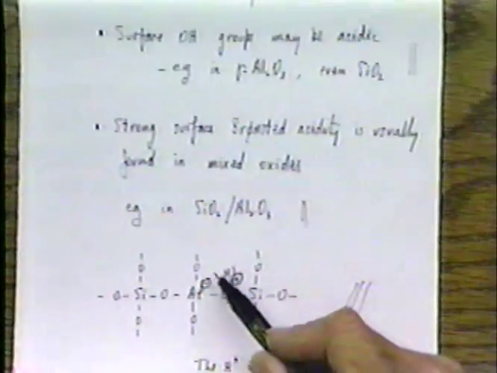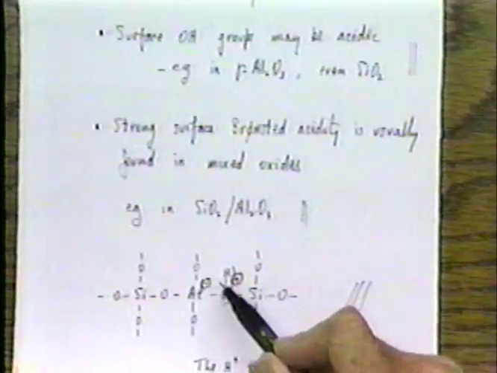Now, this is a two-dimensional representation of what in fact is a silicon atom which is surrounded tetrahedrally by 4 oxygens. This is an aluminium atom which is surrounded tetrahedrally by 4 oxygens, and those two tetrahedra are linked together via a common oxygen atom by corner sharing.